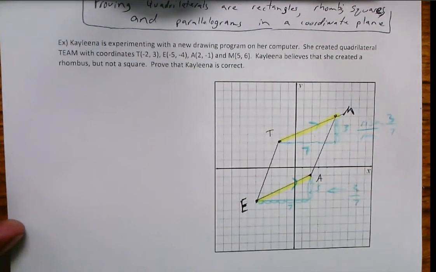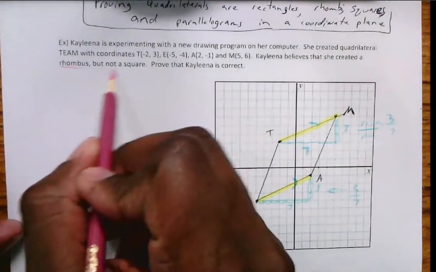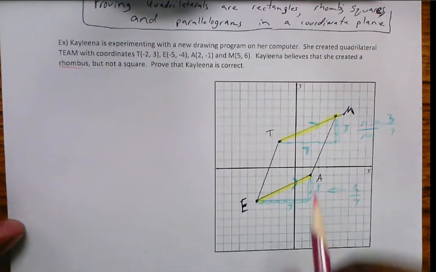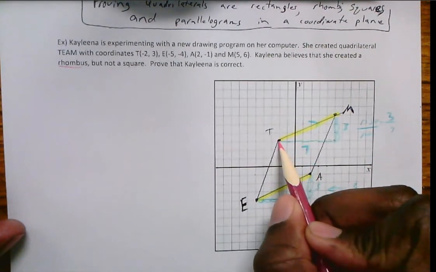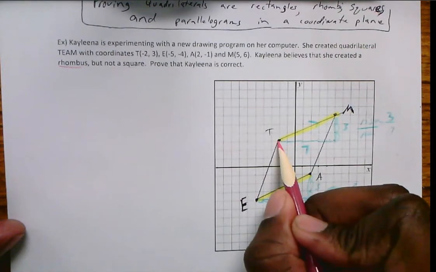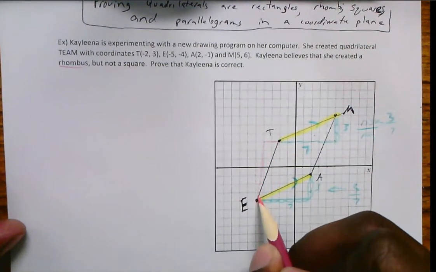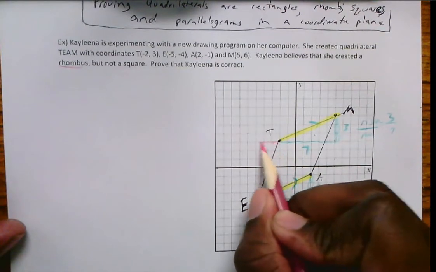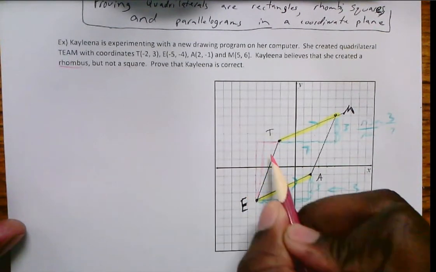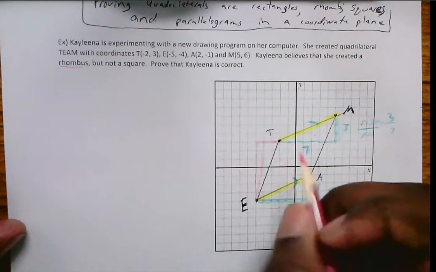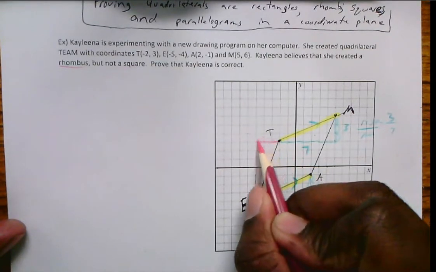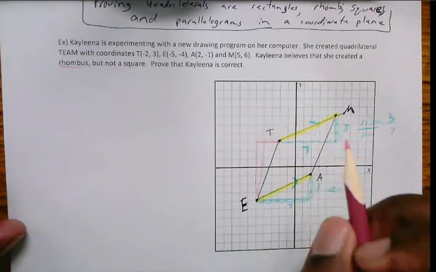Our goal is to prove that it's a rhombus and not a square. So let's first prove it's a parallelogram. So if that's true, then I can go over and down. And if you notice, I should go over 1, 2, 3. So over 3.